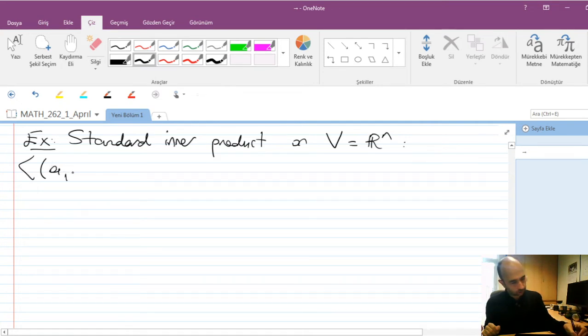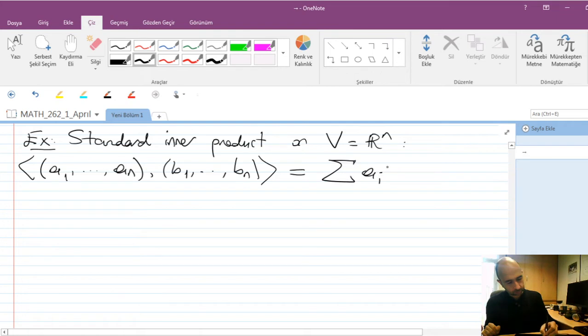So you have vectors with components a1 up to an and b1 up to bn. You just multiply the corresponding components and add these up. Okay, this gives you an inner product. Let me leave it to you to check. It's very straightforward. In the last part, you'll use that the sum of squares is always non-negative, etc.